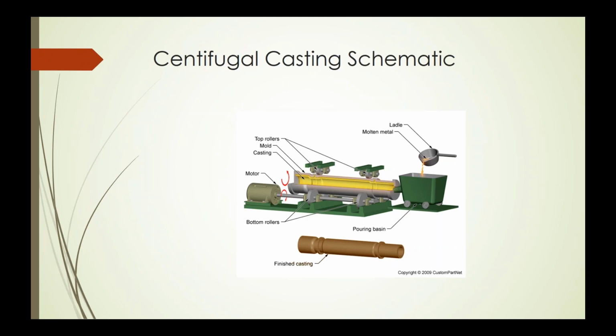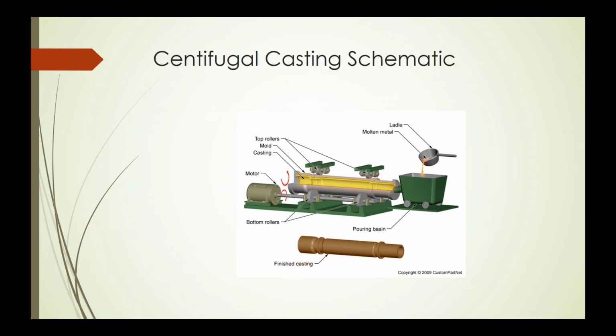The mold being cooled properly and the solidification being done while the mold is still rotated so that there's no sagging or drips or anything. The mold is then opened and the finished casting is extracted. So you're looking at the bottom of this illustration and you have a finished casting.